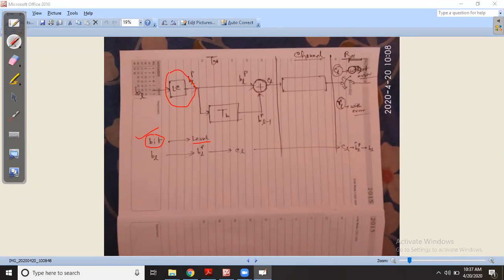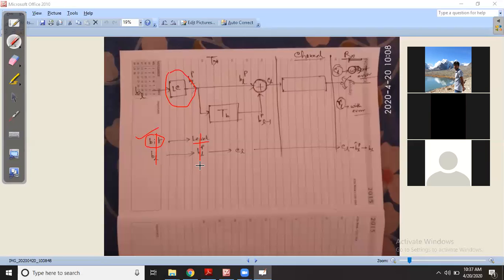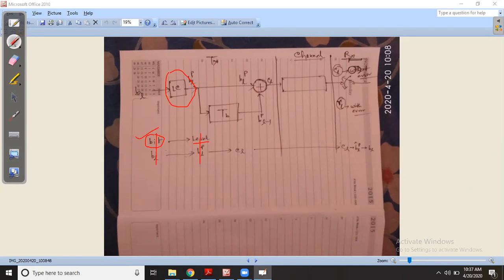Then the pulse will be generated. This is the bit, and this is the assigned voltage level on the bits. So how are we achieving this? By using line coding techniques. Various line coding techniques are there.